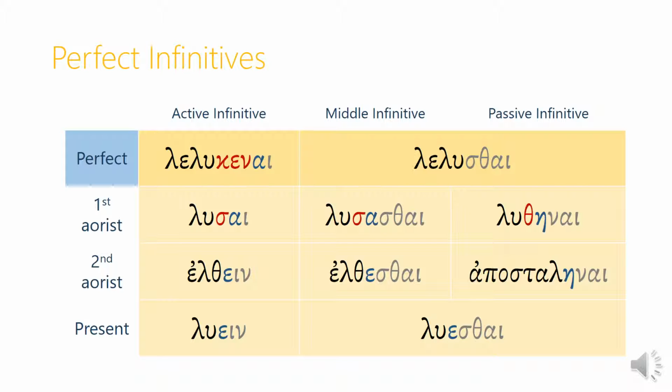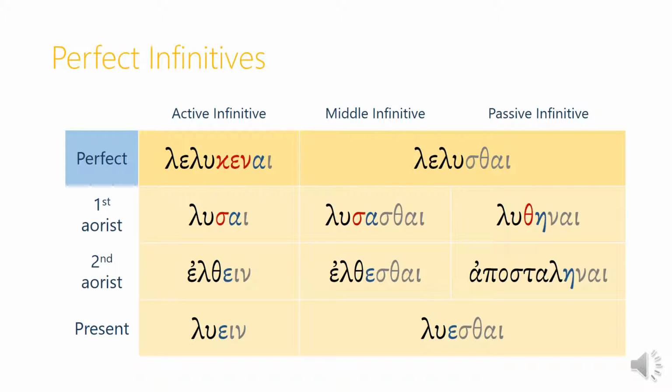Things are simpler when it comes to the middle passive perfect infinitive. Like with the present, the middle and passive in the perfect have the same form. So we don't have to worry about a separate middle and passive form like we did with the aorist.